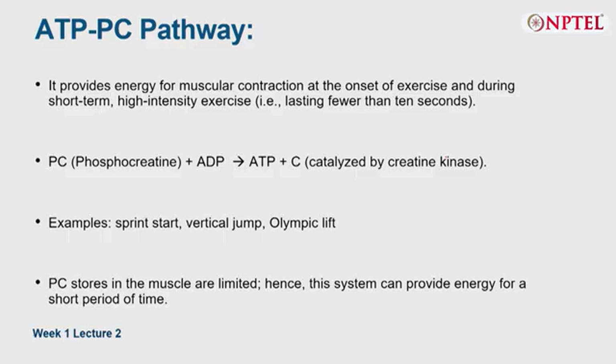The second phase is the acceleration phase, which is up to 30 to 40 meters. Then 40 meters to 75 or 80 meters is your maintenance phase, and the third phase is your deceleration phase in the 100-meter sprint.